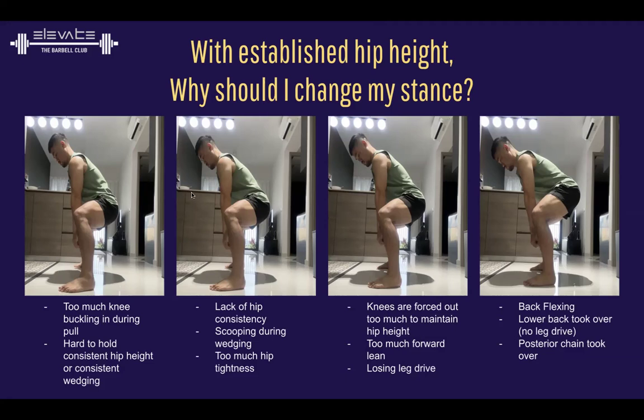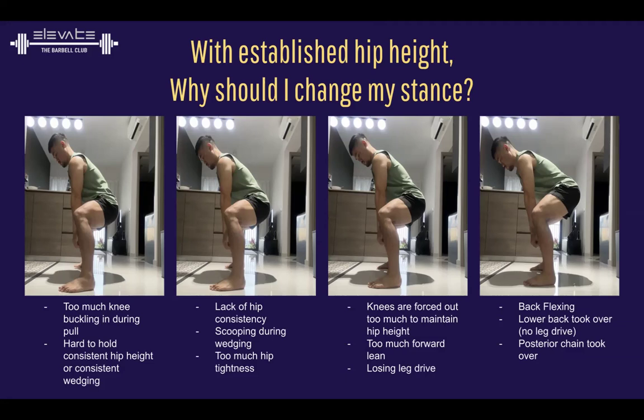Now we're moving into the spectrum where we are a little bit too wide already. If I'm in a wider stance, but I still lack the consistency of the hip, every time I wedge in I either sit too low or too high, then I know I might want to find a strategy to make wedging in harder.